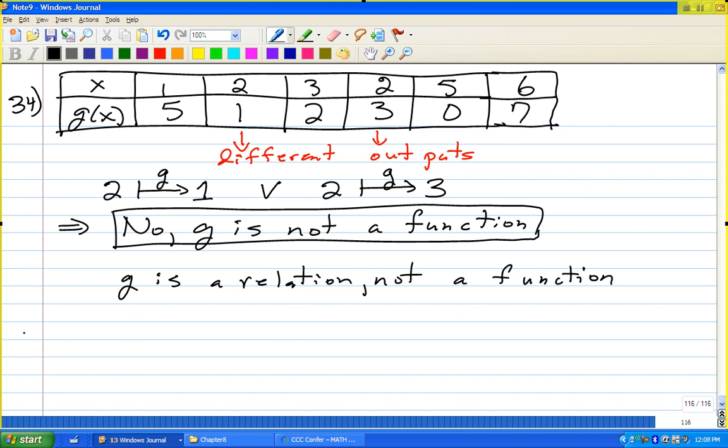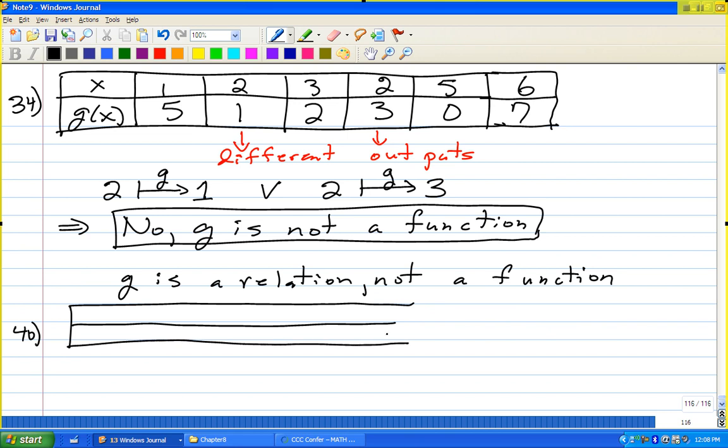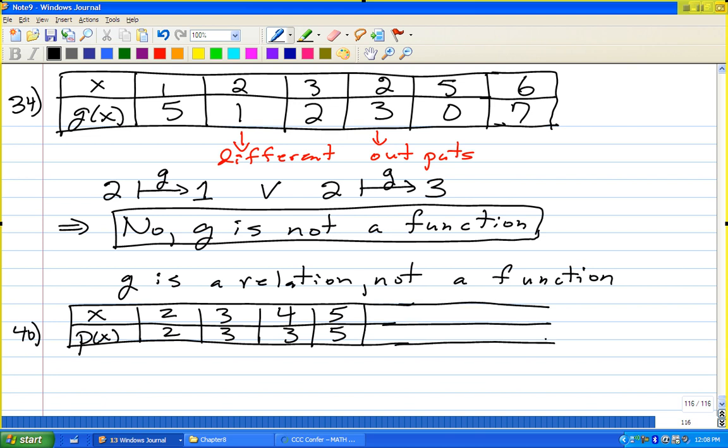Let me do problem number 40. X, P of X: 2, 3, 4, 5, 6, 7, 8.